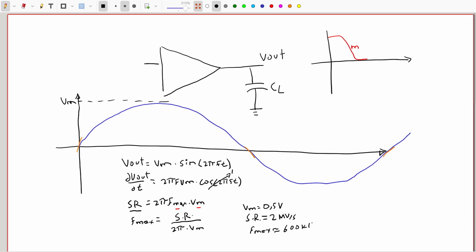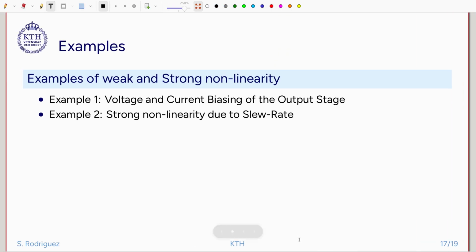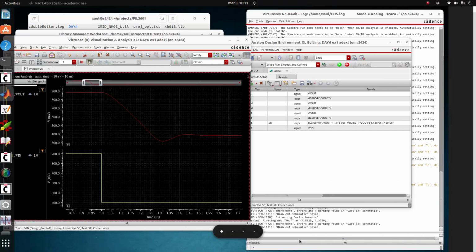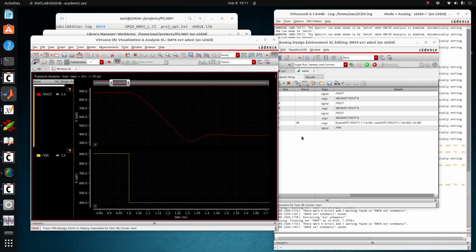So this is actually the maximum frequency that I can put in this amplifier before the output is slewing. Okay, so let's go back to our circuit and see if that is true.